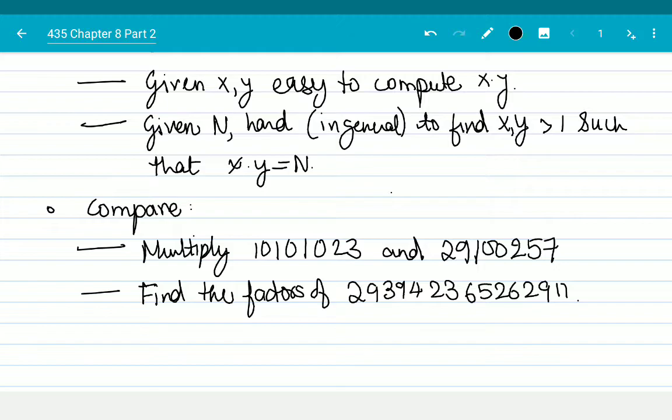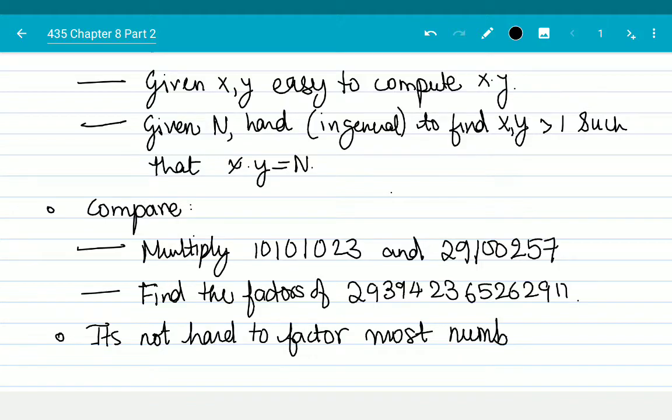Now, on one hand, factoring in general is not that hard. It's not hard to factor most numbers. Why is that true?